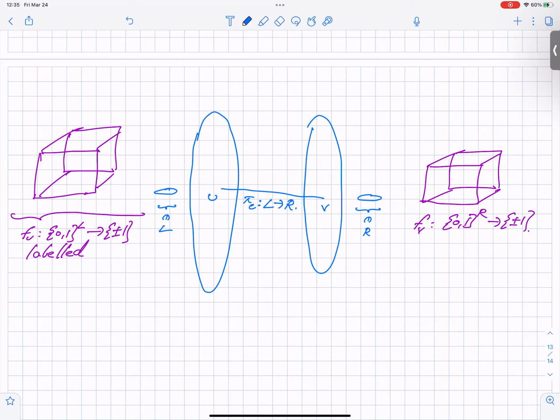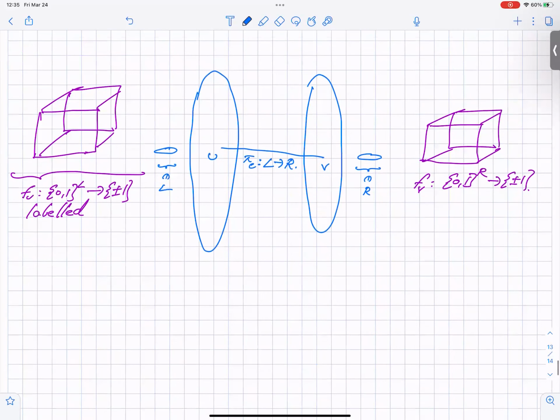So what I want to look at is x, which is a function. Where does x reside? I want to make this observation. I give you x in 0, 1 to the R and pi from L to R. X is a function with a domain over here, a string over here.